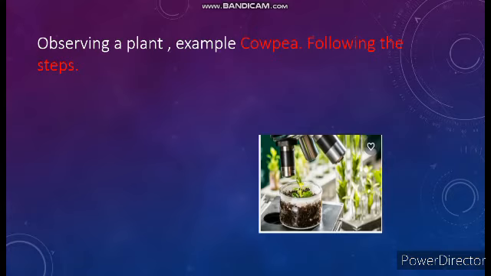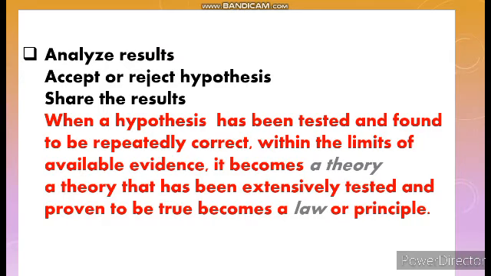Okay. And something you need to know is that when a hypothesis has been tested and found to be repeatedly correct within the limits of available evidence, it means that everybody must test it, not just you.